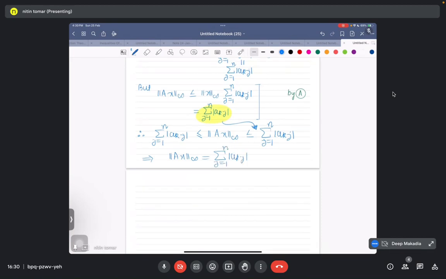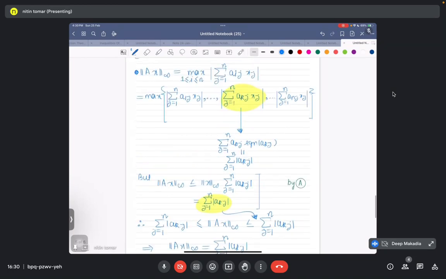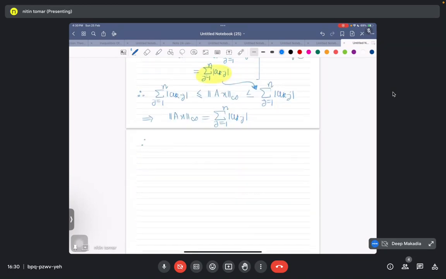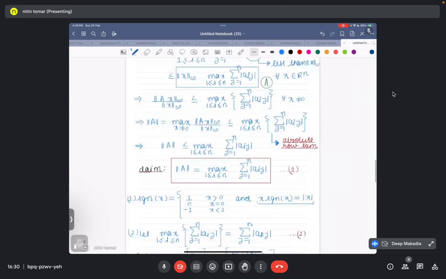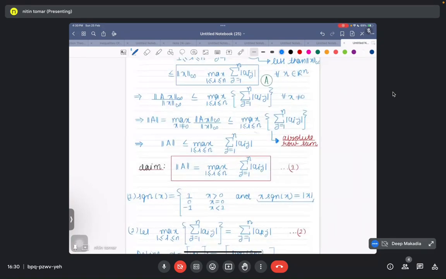Yes. So ultimately what you have proved is that, for the kth row, first we have this inequality here.